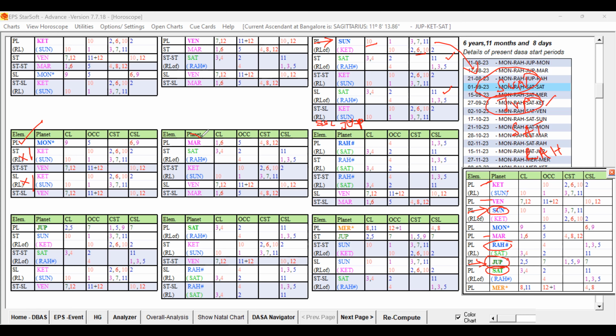Mars itself is unfavorable, but mixed, but star level Saturn is good, and 2A level is weak, and sub level again weak, last level also weak. So this is not good. So that way, this has weakness at the 2A level, third level, and fourth level, with mixed significators and absence of our other favorable key planets, Sun, Jupiter, Rahu; they are not playing.